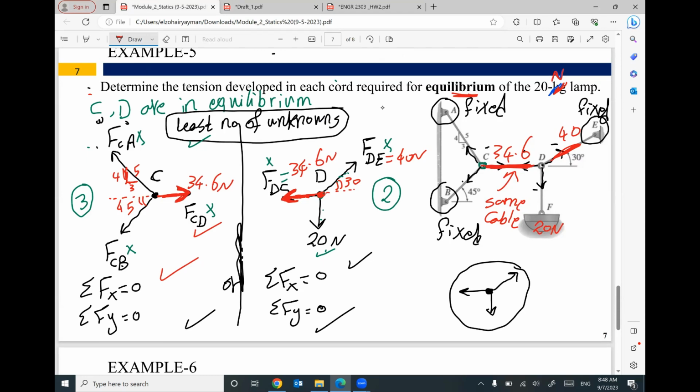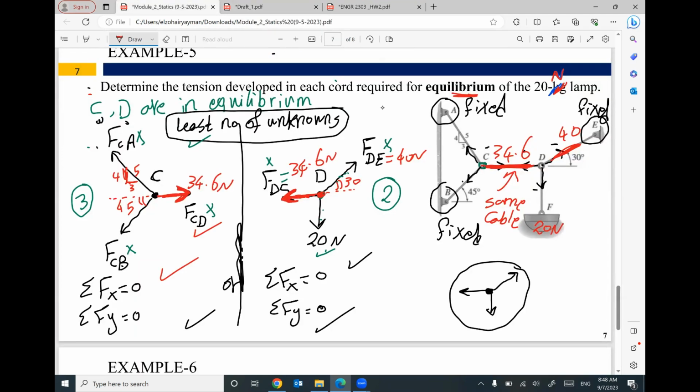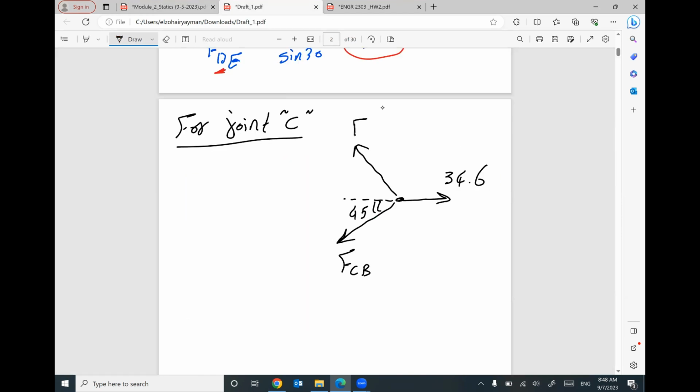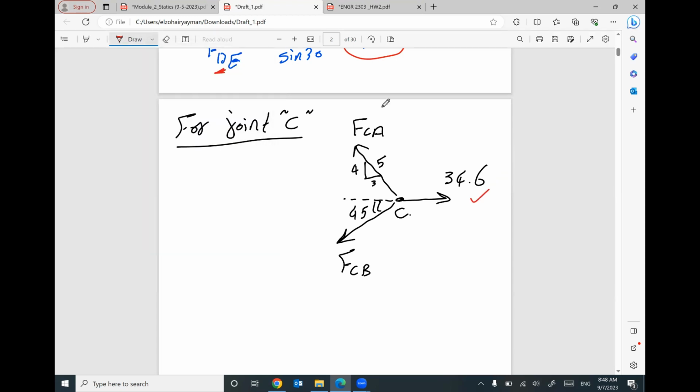For this force FCB, with angle 45 degrees. And we have another force FCA with a right angle triangle 4, 3, 5. This is point C. We have a new problem with three forces. This one is known, this one is unknown, this one is unknown, and this point is in equilibrium.